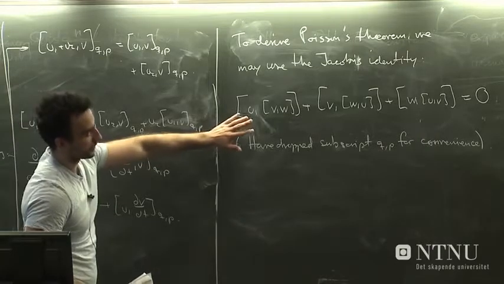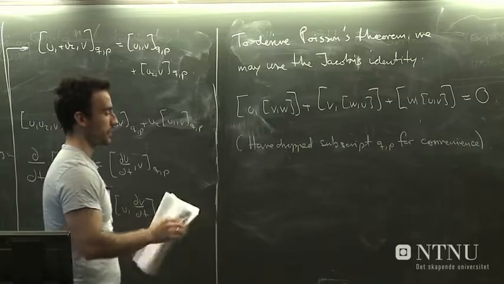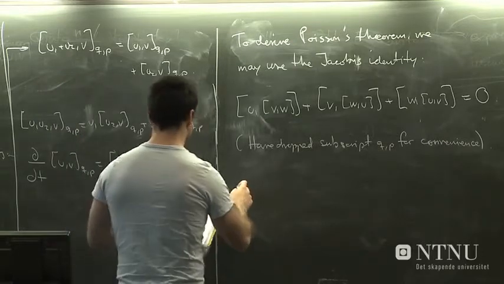So by using this Jacobi's identity, we can now understand Poisson's theorem. So let me just state Poisson's theorem first.